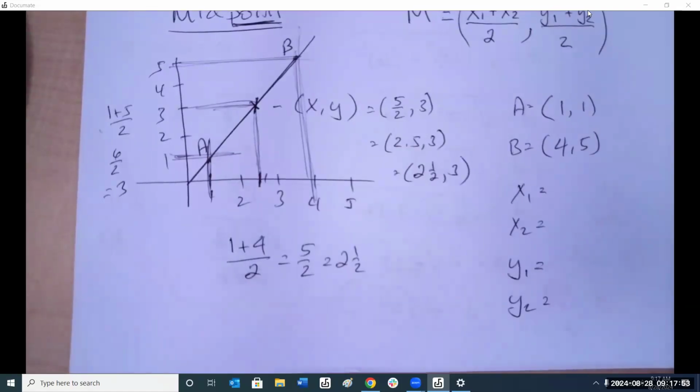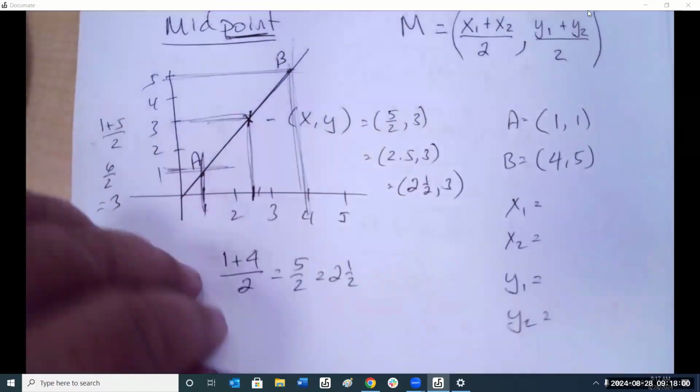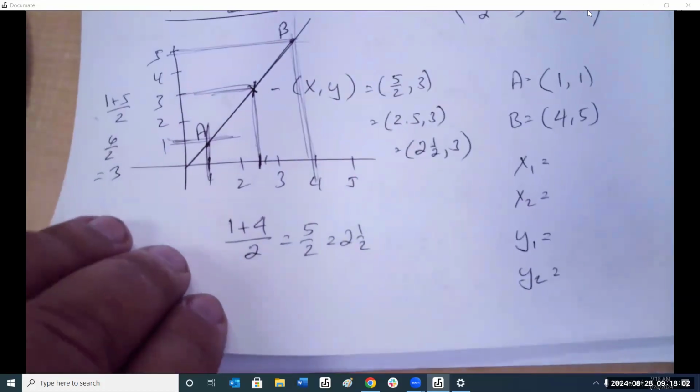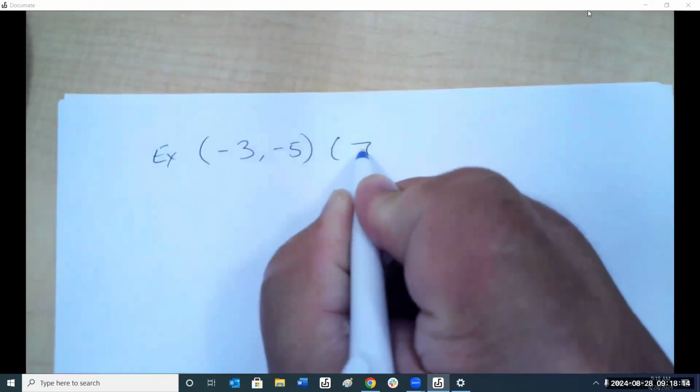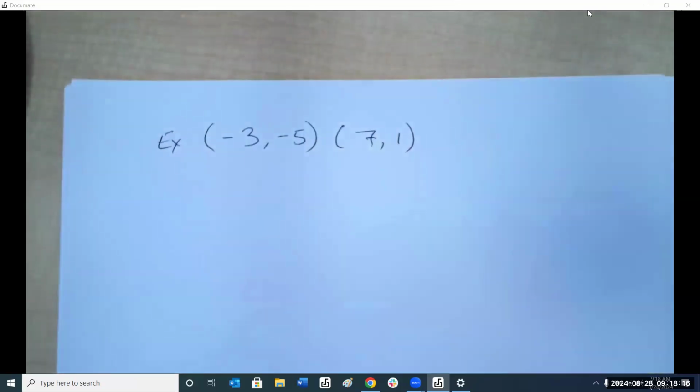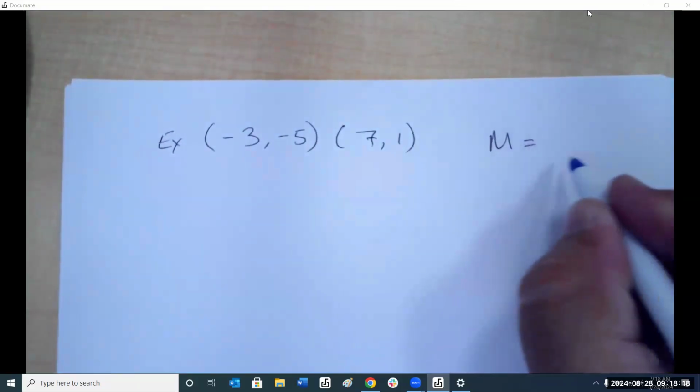Once you define it, it's now just plug and play. So let's look at our example points, which were -3, -5, and 7, 1. Find the midpoint.